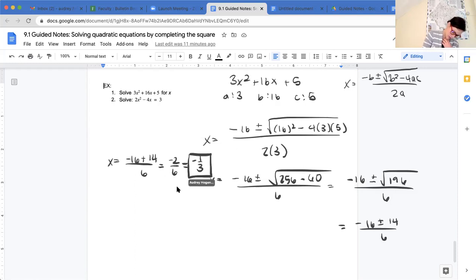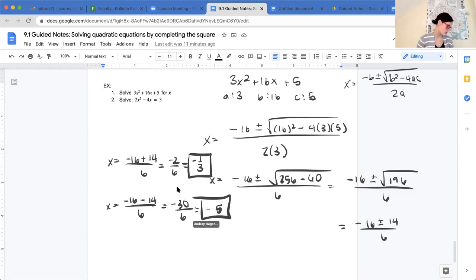So there's one value for x. And then you also know x is equal to negative 16 minus 14 over 6, which is equal to negative 30 divided by 6 equals negative 5. So bada bing, bada boom, you have your two x values. So your solutions are negative 1/3 and negative 5. Easy as plugging and chugging.